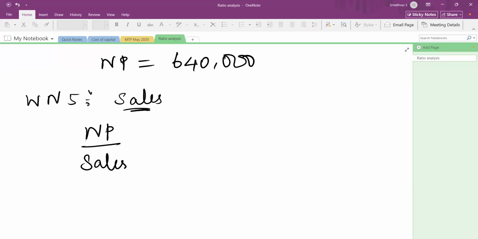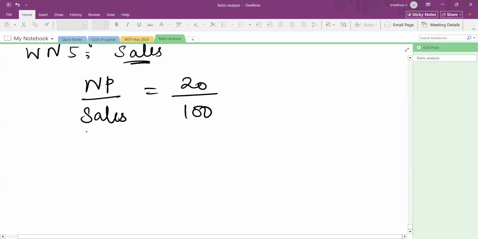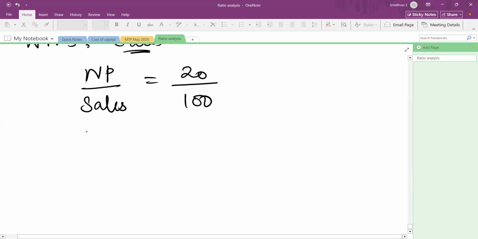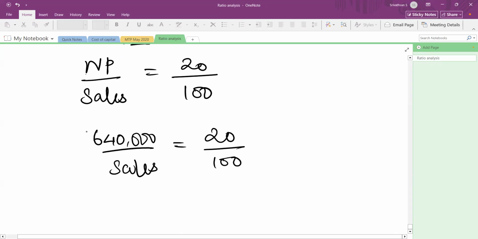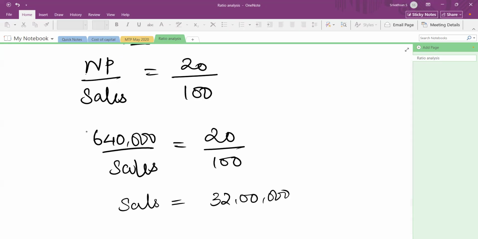Net profit by sales is equal to 20/100. We know net profit as 6,40,000. So what is sales? By sales is equal to 20 by 100. How much? Clear so far? Any doubt?